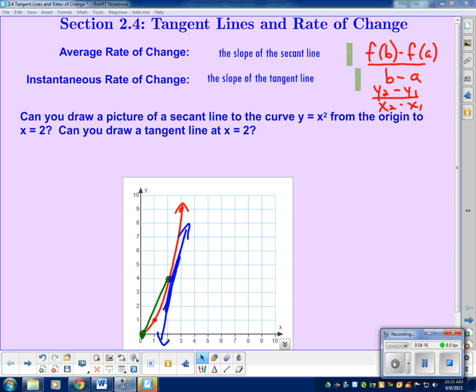Average rate of change has to be over an interval, from x1 to x2, or from A to B. Whereas instantaneous rate of change, they're going to ask you for a specific point. So they might say, what is the instantaneous rate of change of my rocket at x equals, I think the longest that one was in the air was almost 4 seconds. So at x equals 2 seconds. And we're asking for the exact speed.